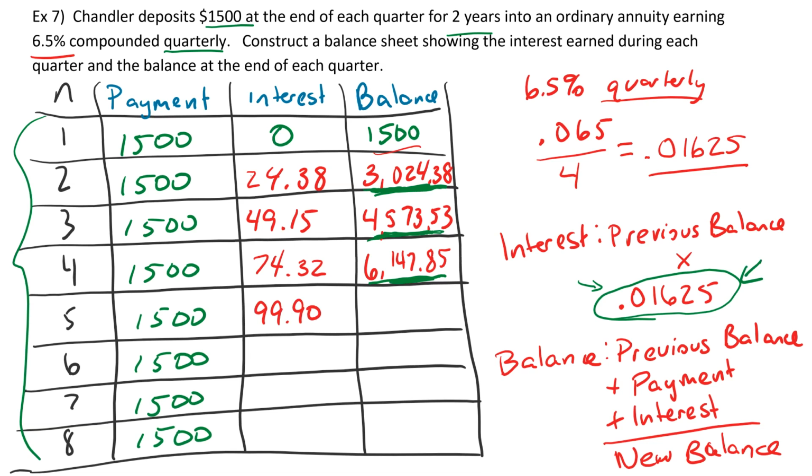To get the new balance, take these 3 numbers, add them up, and when you add them up, you should end up getting $7,747.75.